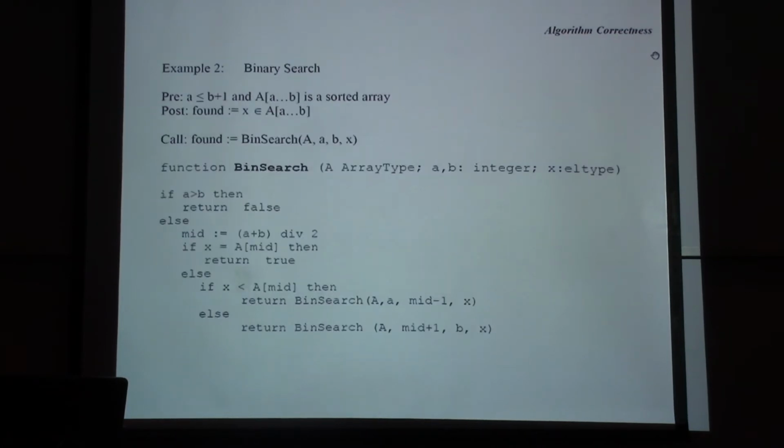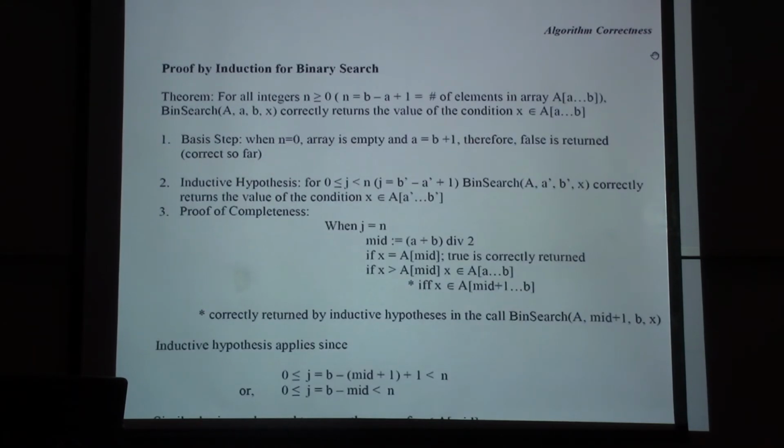How do we know that? Because if it's equal, we return true. So if that one element is a match, we'll return true. However, if that element is not correct, if x is bigger than mid, then it means we're going to go to the right.